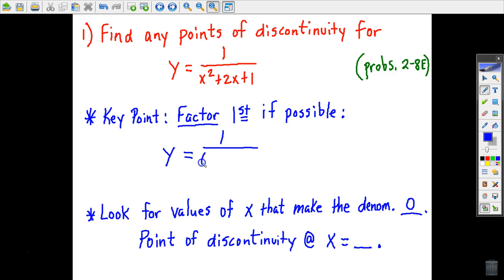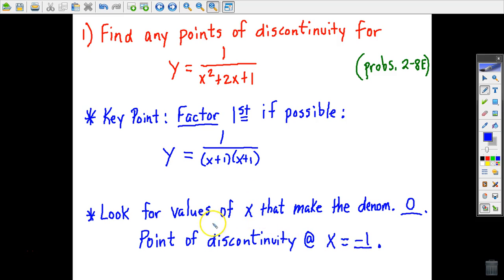The denominator does factor as x plus 1 times x plus 1. Now I can see in the denominator that when x is negative 1, it causes the denominator to become 0. And since we cannot divide by 0, I know that I have a point of discontinuity when x equals negative 1.